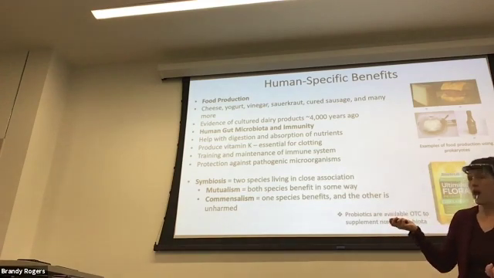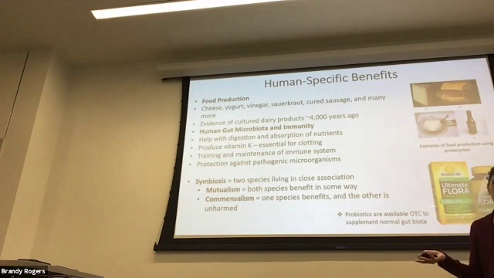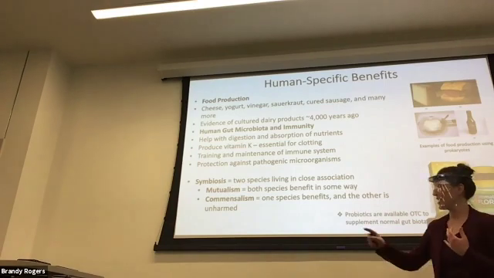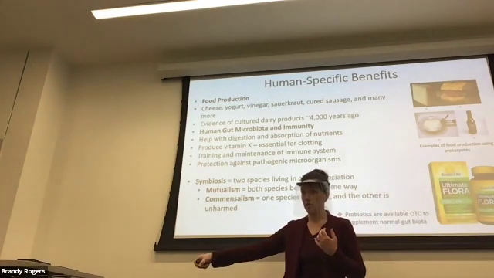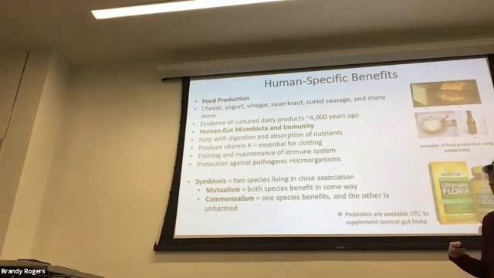But these non-pathogenic symbiotic microbes that live in your gut will protect you, not necessarily because they just like you so much, but they're protecting their home turf, right? They're competing for resources, and they can often outcompete the invader, okay, which is good for you. So it protects you against invasion by potentially pathogenic microbes. Does that make sense? So there's a lot of things that these guys do for you.